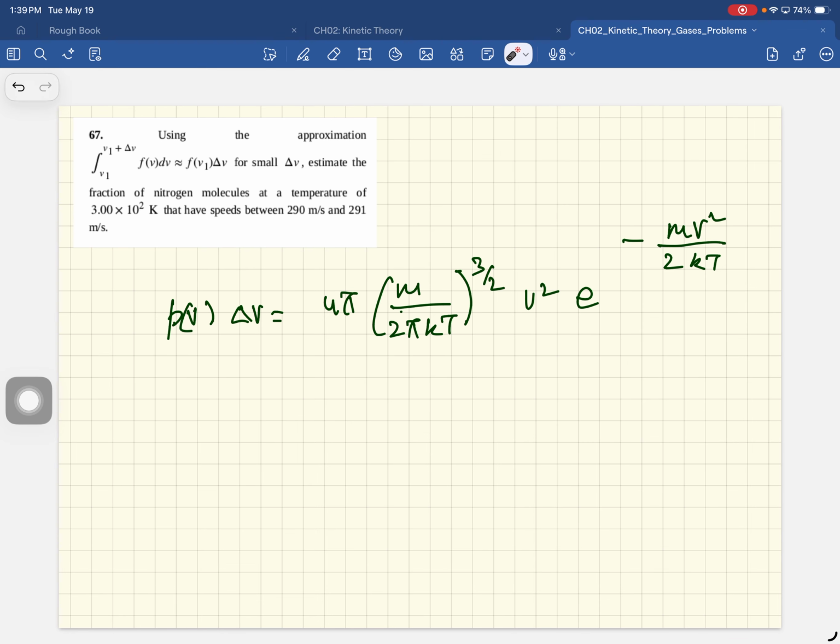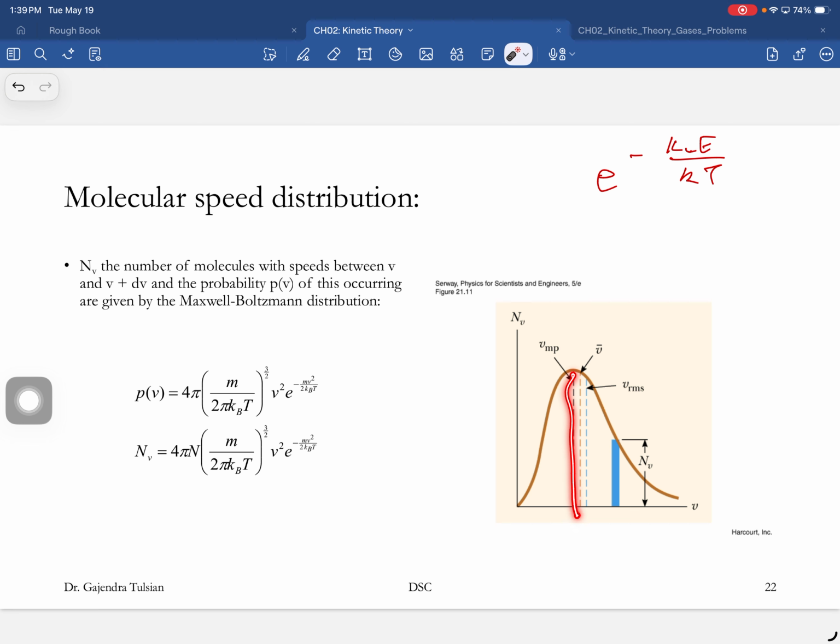This gives you the number of moles, the molar density.